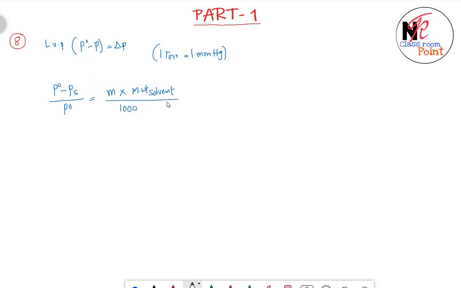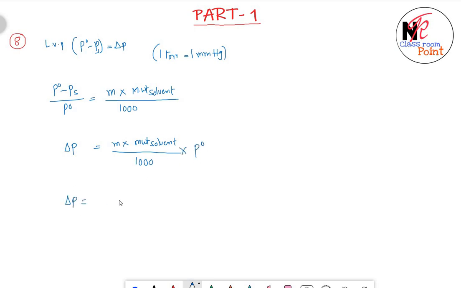If you don't know how to get the relation, it is already in our videos. You can check over there. So this is nothing but the delta P. So we can write the lowering of vapor pressure delta P divided by P naught, sending this side, so it becomes m into molecular weight of solvent divided by 1000 into P naught.